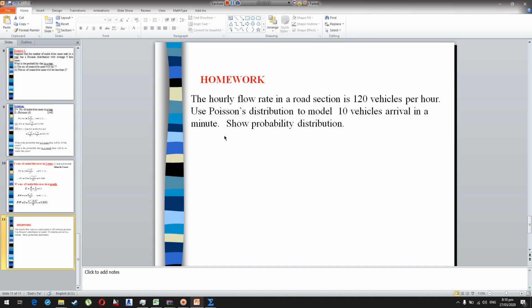Now there is one example. You can solve it on your own, and I will just show you how to develop a probability distribution diagram.